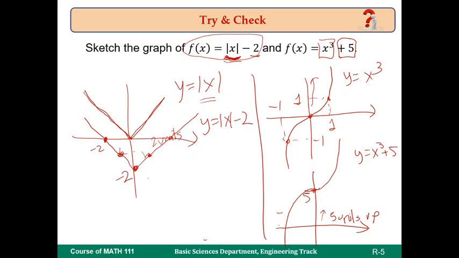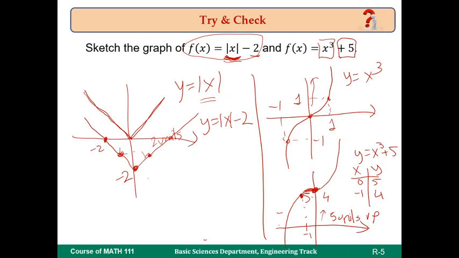Now you can also verify some points, like if you want to make a precise graph, you just pick some points and look at them. When x is 0, y should be 5 for sure. It's here, okay. And what about putting minus 1 here? So minus 1 cubed is minus 1. It will be 4 now. So if it is minus 1, it becomes 4.